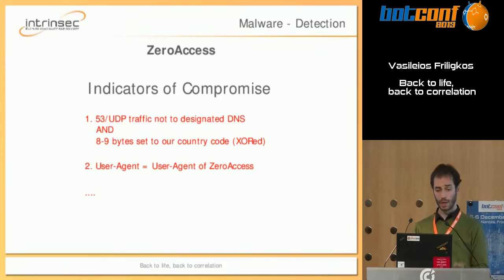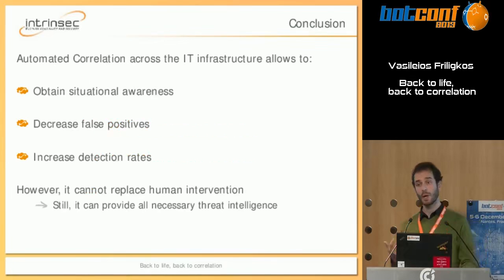So, arriving at a conclusion, what can automated correlation help us do? Well, first of all, it helps us obtain situational awareness. It helps us know what's happening in our IT infrastructure, and helps us identify what's normal and what's not normal. By monitoring and knowing what's going on, we can detect if something is not going well, because that's not the normal behavior.